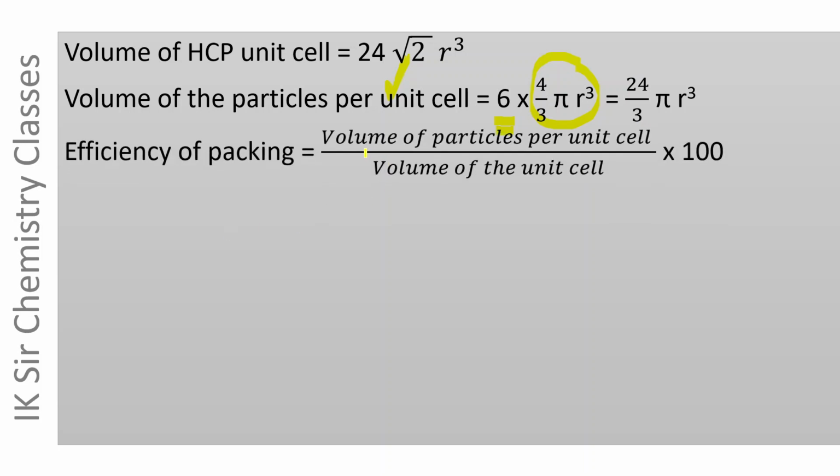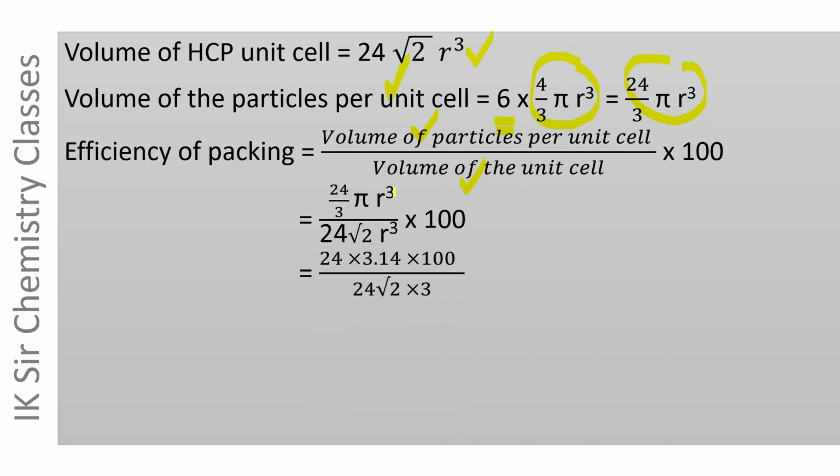Efficiency of packing in HCP unit cell will be volume of particles per unit cell divided by volume of the unit cell. Volume of particles per unit cell is equal to 24 pi R cube by 3, and the volume of HCP unit cell is 24 under root 2 R cube, into 100. R cube will be cancelled out.